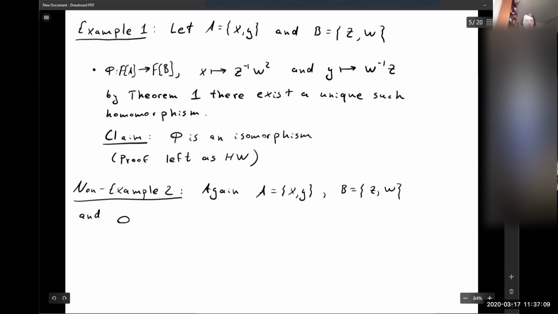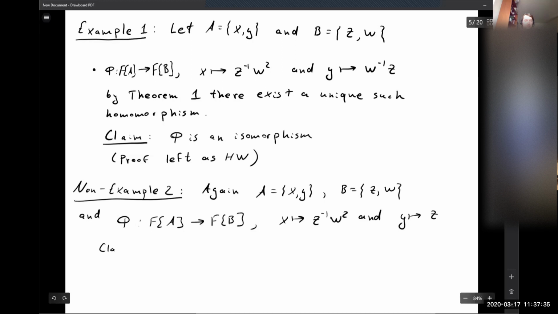And phi will be a homomorphism from F of A to F of B, which sends x to the same z inverse w squared, and y is being sent to z.